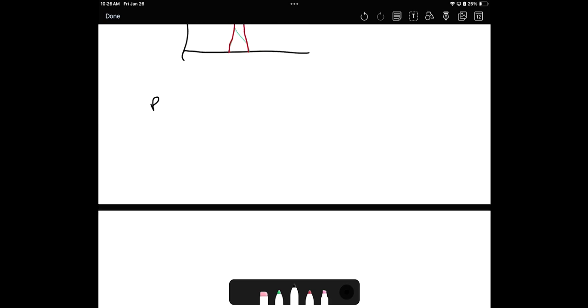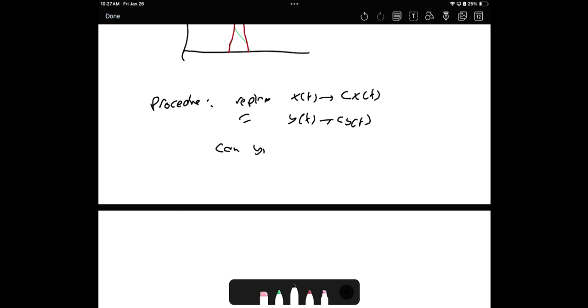So the procedure to check scalable function, you can replace x of t by cx of t. Replace y of t by cy of t. Then can you make it as cx of t equals cy of t?